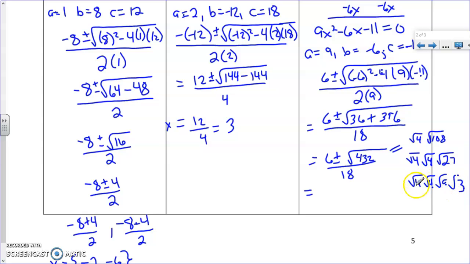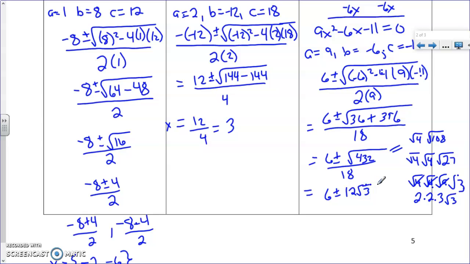Okay, what's the square root of 4? 2. What's the square root of 9? 3. 2 times 2 is? Times 3 is? 12. So this will be 6 plus or minus 12 square root of 3.